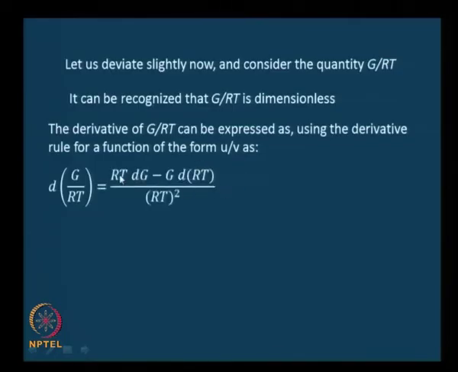So, RT into dG minus G times R dT, divided by RT squared, which simplifies to 1 by RT dG minus G by RT squared dT, as one of the R's gets cancelled. We will call this equation 326.